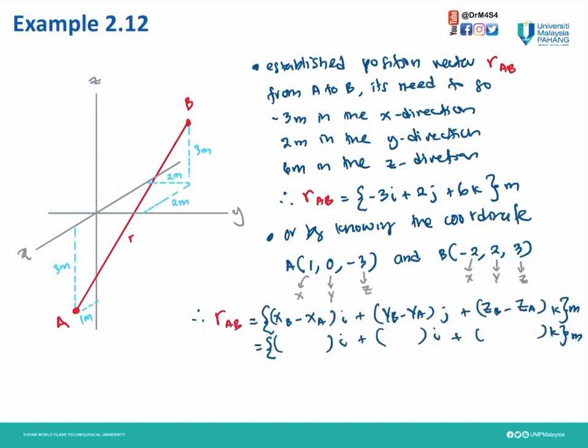Then simply we can calculate our position vector RAB by XB minus XA for i, then YB minus YA, then ZB minus ZA. We get our position vector RAB.